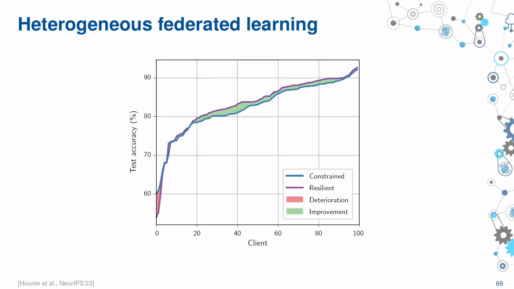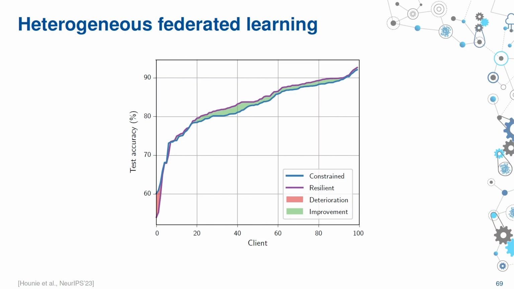Okay, now, this is the kind of behavior that you obtain with these resilient solutions. So what I am showing you here is what happens with the test accuracy for different clients as you introduce the resilient generalization.